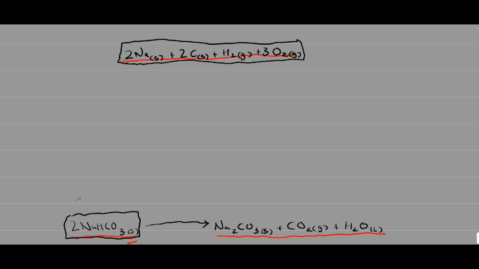So there's two sodiums, two hydrogens, two carbons, and 2 times 3, which is 6 oxygens, which is exactly the same here. And it's also exactly equivalent to this box here. So what I need to do is to start to enter the energy changes then.